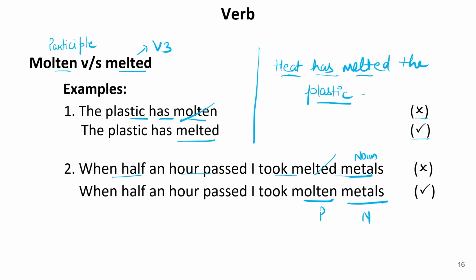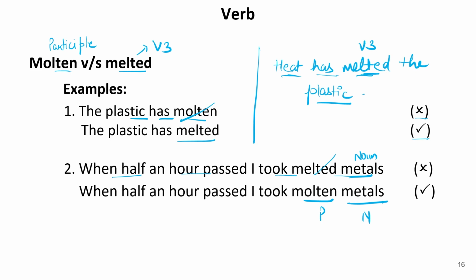It melted the plastic. So heat has melted the plastic. Here melted is used as a verb, as an action. So this is verb third form. Therefore we are using the word melted, not molten. We cannot use molten over here. Molten is only used when we are qualifying a noun or it is behaving like an adjective. There we use the word molten.